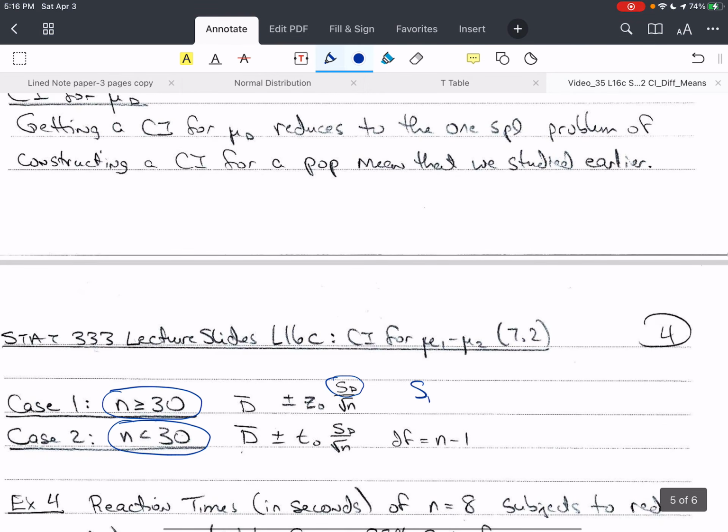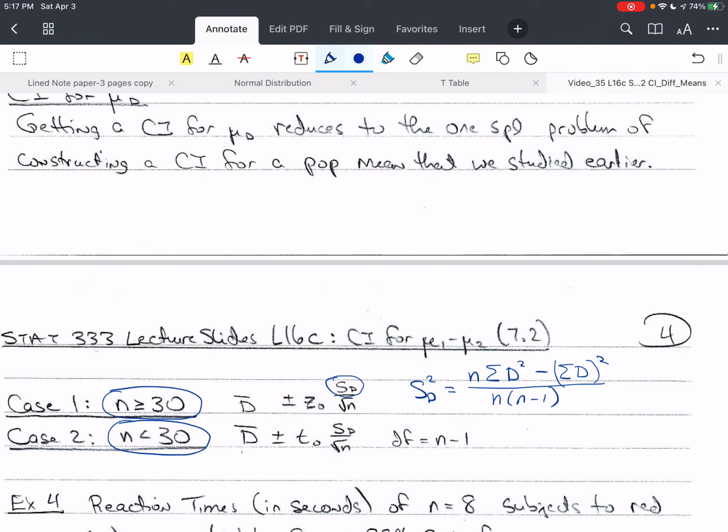So S sub d squared is going to be, the computational formula is n times the sum of d squared minus the sum of d quantity squared, over n times n minus 1.